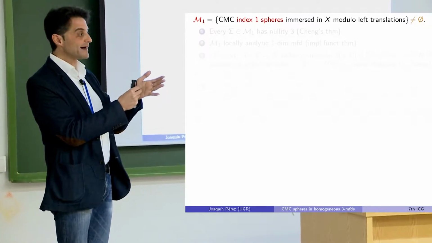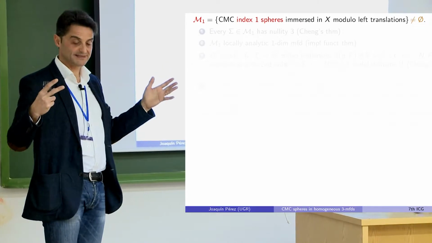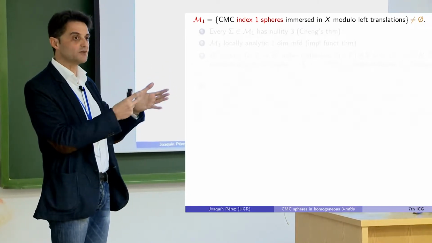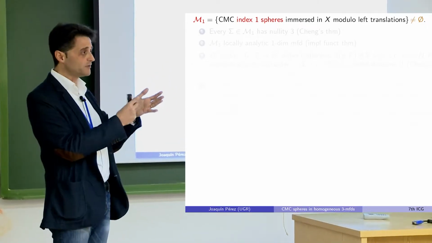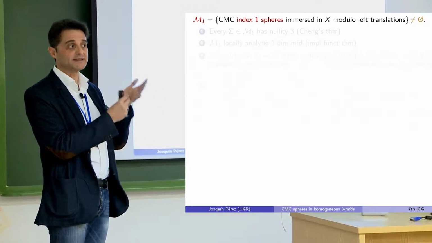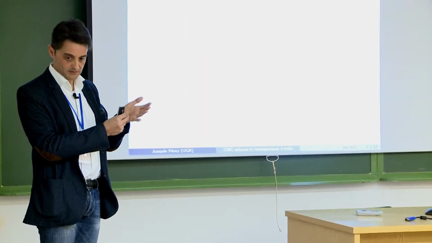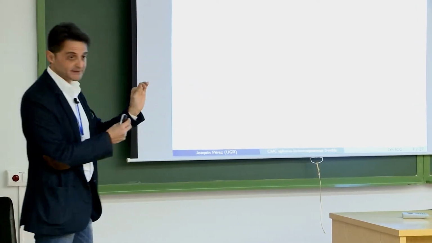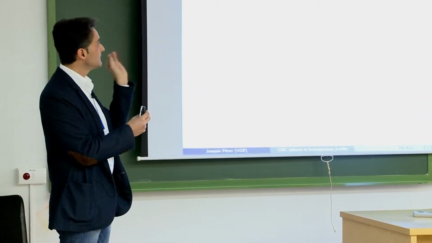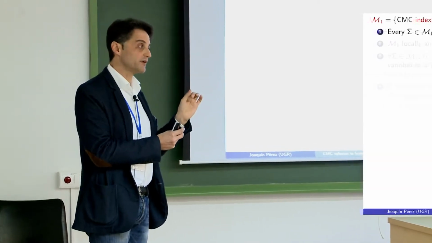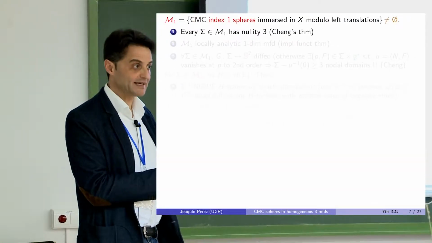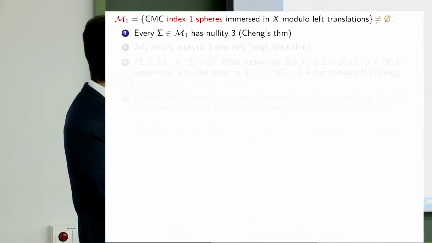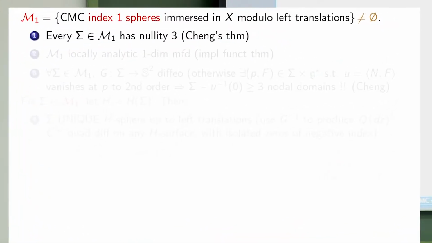Then a blow-up argument says that if you blow up such a solution of the isoperimetric problem, you will find a sphere which is nearly round. A very tiny sphere. But that sphere, for free, will have index 1. Why? Because it's a solution of the isoperimetric problem. That implies that. Okay? So in this class, you have elements to start working.